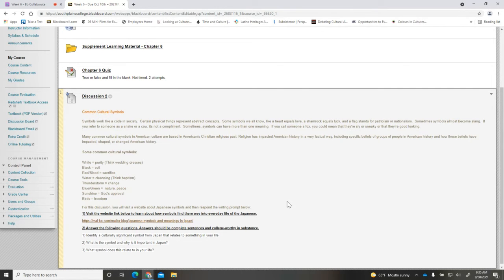So when you're looking at symbols, a big one in our community is the cross. The cross kind of gives you this idea of Christianity or religion, all right? It's just a cross, but for us, it carries a bigger meaning.